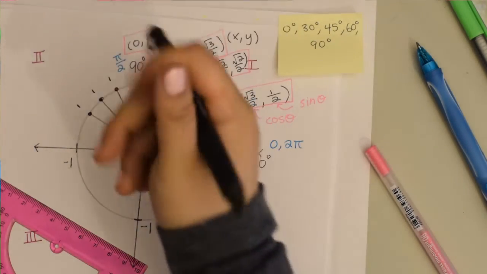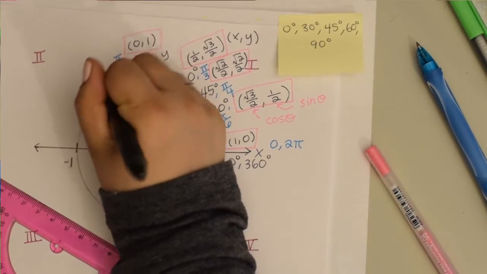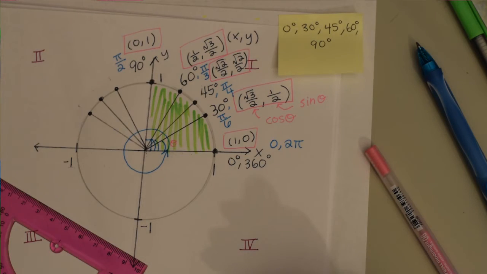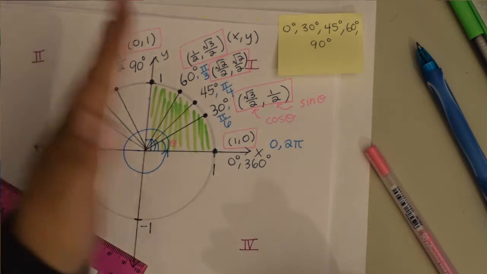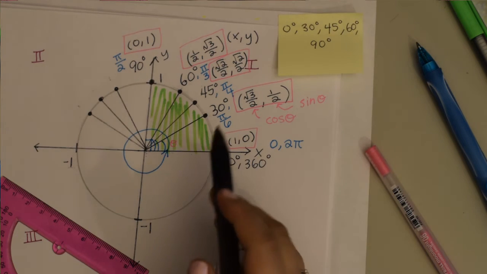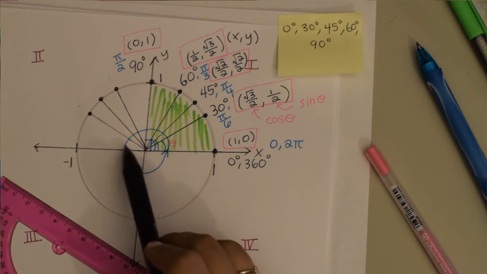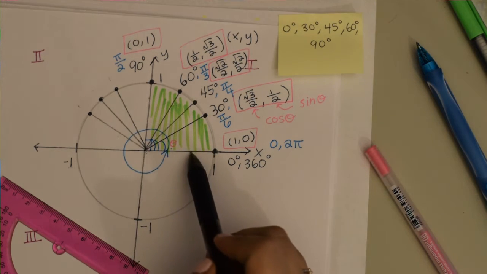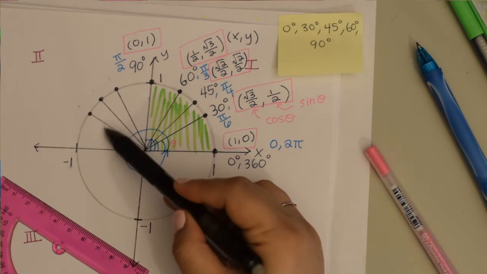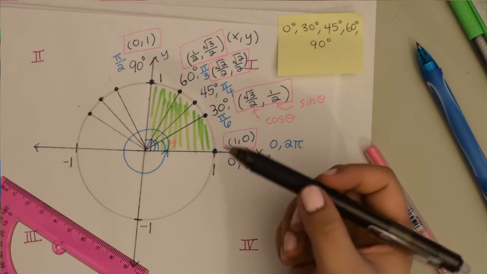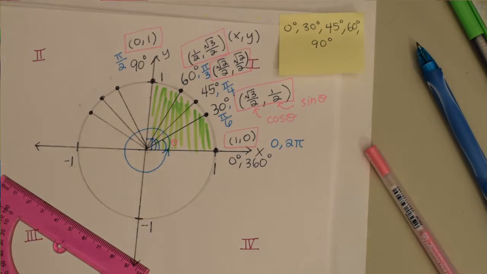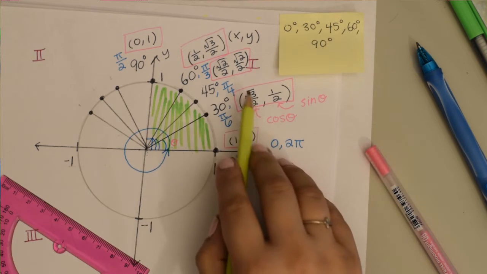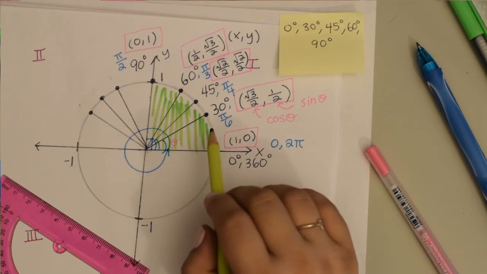Okay, so basically I mirrored it. I reflected it across the y-axis here, okay? So that if this was 30 degrees, this is 30 degrees now. And this was 45, so this is 45. And if this was 60, this is 60, okay? And the reason I wanted to do that is because if I drew my right triangles, like I said, that's how I got these exact values, by drawing right triangles and working with them.